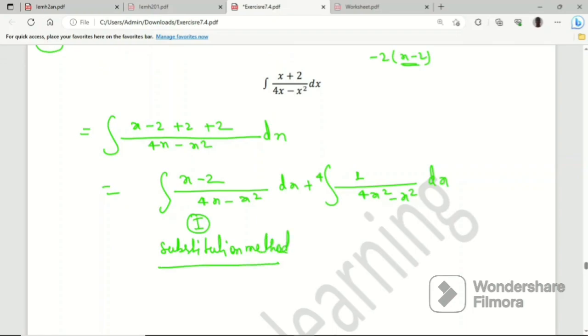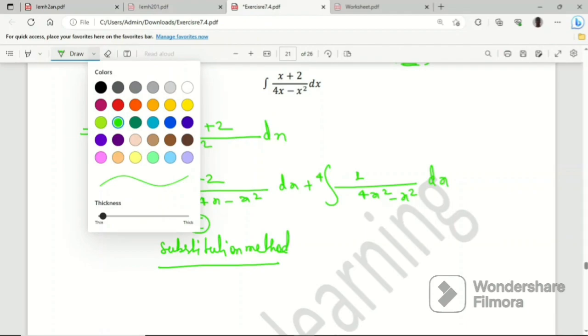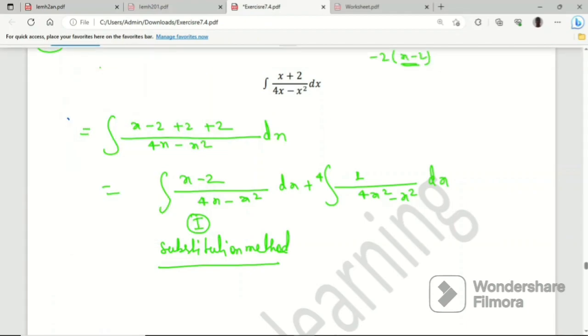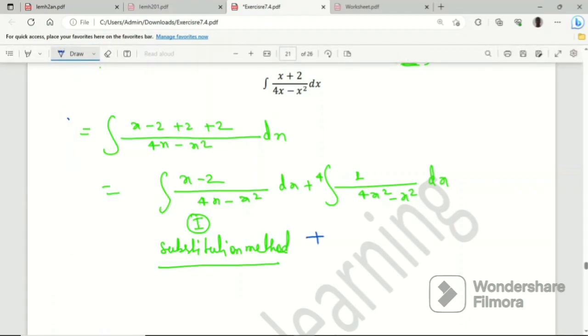And for the second part, what you can do, here you can use a quadratic equation. Plus 4, I'll take 4 common. No, it is 4x minus x square, okay. So there is no problem, I will not take 4 common.